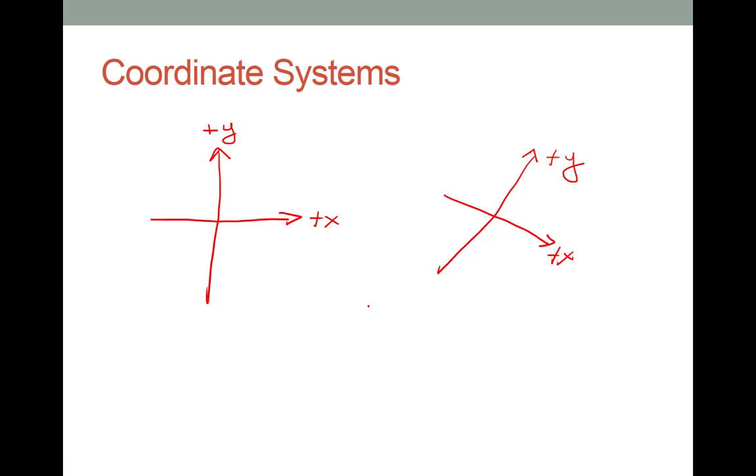There may also be times when we want to do this. Make positive x go to the left and maybe positive y go up. All possibilities. Again, as long as you're self-consistent and do things in the coordinate system you've defined as you've defined it, you can get the correct answer.